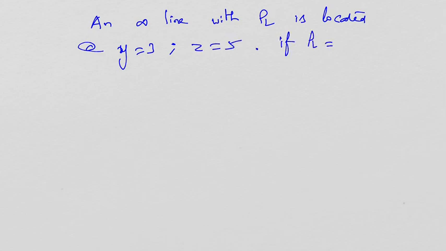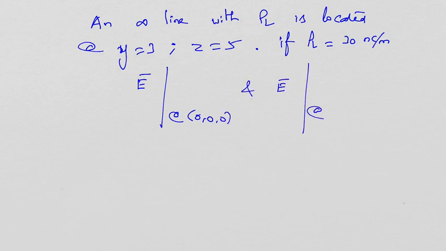If rho L is equal to 30 nanocoulomb per meter, find electric field density at origin and electric field density at, say for example, another point 0, 6, 1, like this.